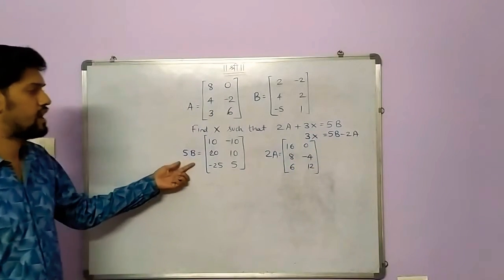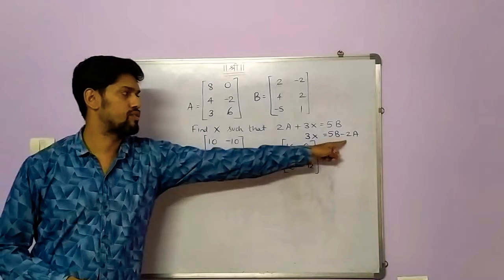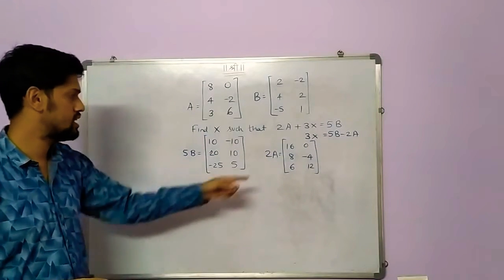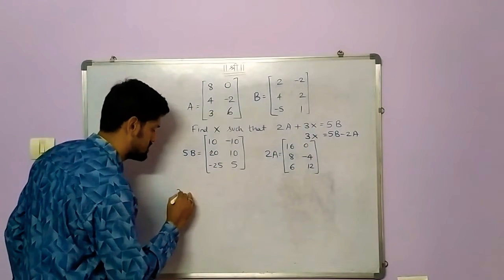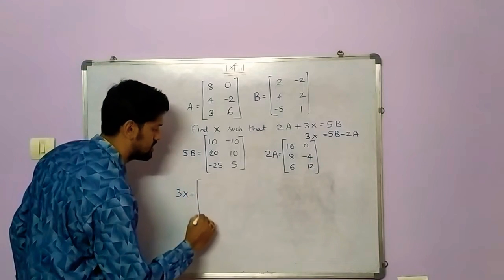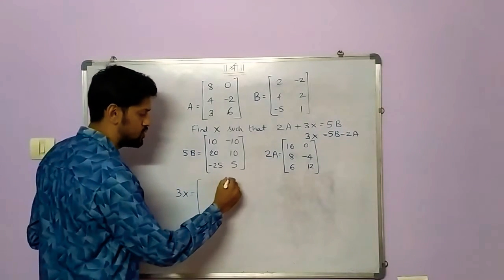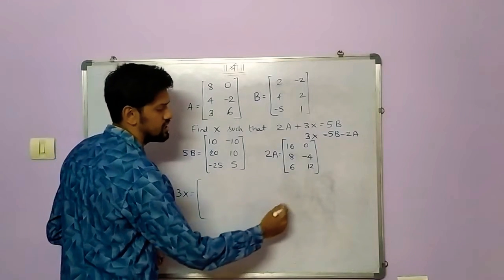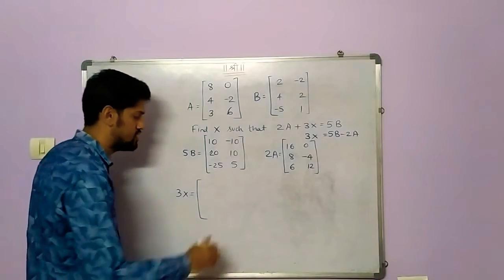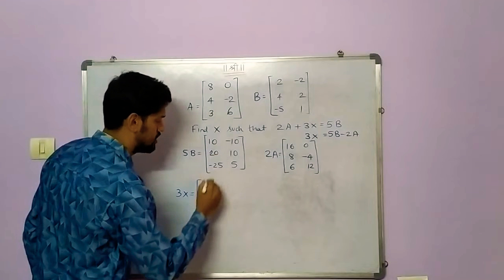So now we have got 5B and 2A. What we need is 5B minus 2A. So I will perform that operation. So my 3x will be 5B minus 2A. Ideally, what you have to do is write down both the matrices here and then finally write down your solution. So I will continue with that.